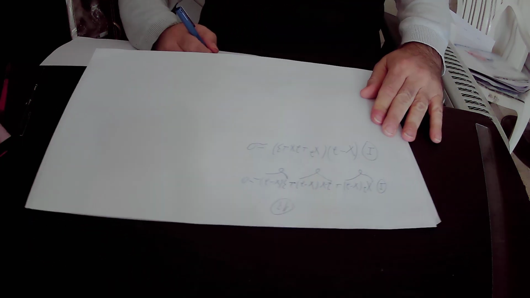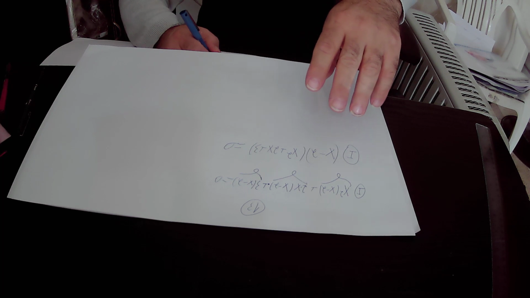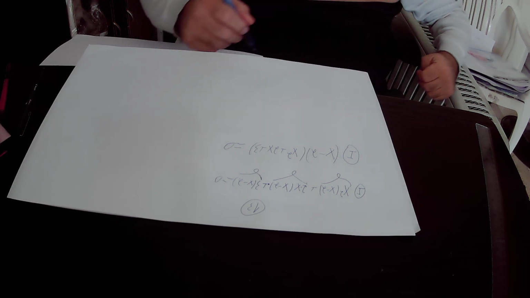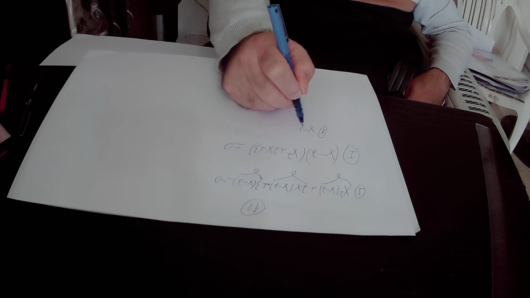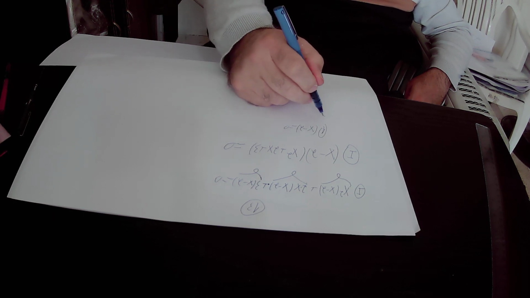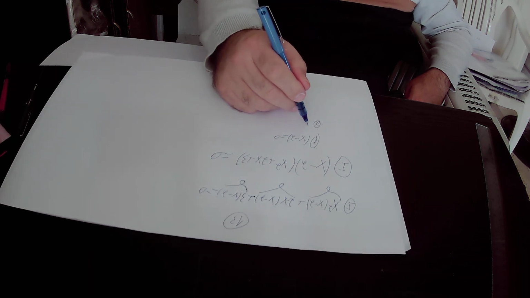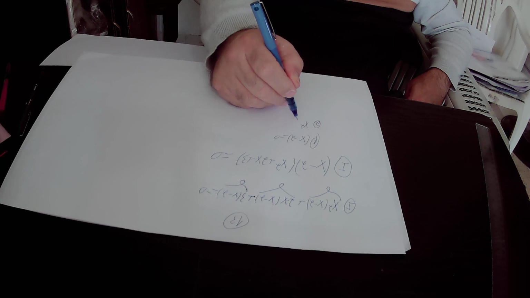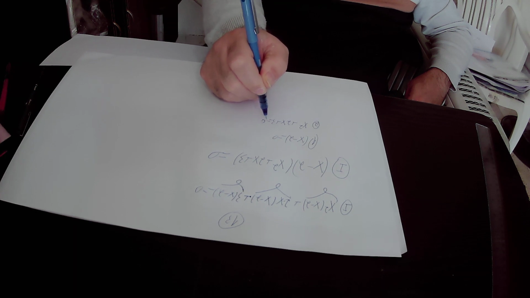So here we have 2 solutions that are possible for equation number 1. Either x minus 2 will be equal to 0, or it's possible also that the quadratic equation x squared plus 2x plus 3 will be equal to 0.